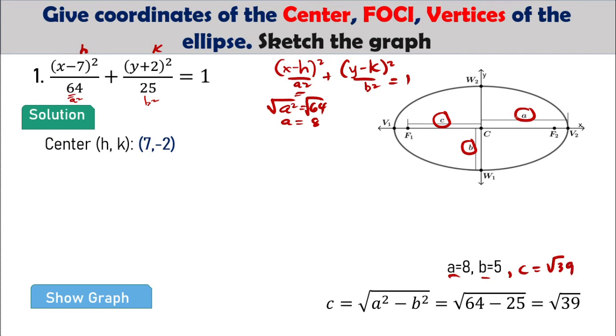Meaning to say, class, the C is the distance from the center to the focus. That is the square root of 39. Okay, let's proceed.